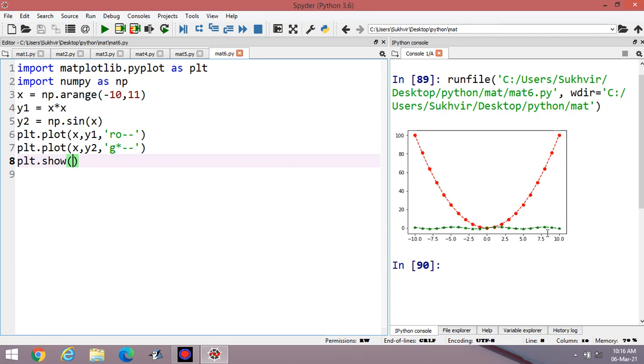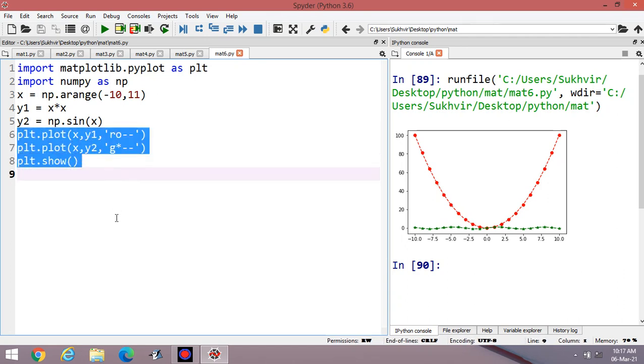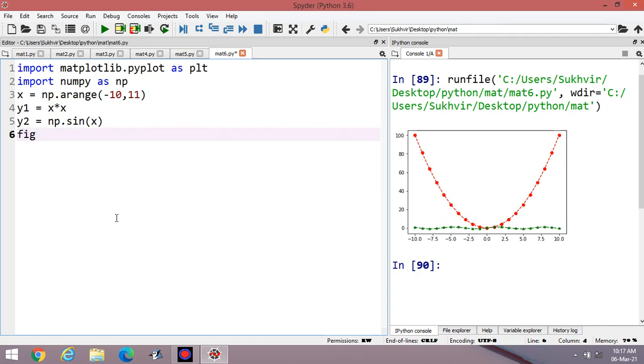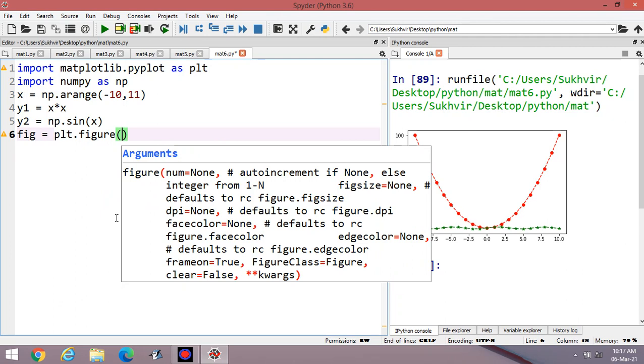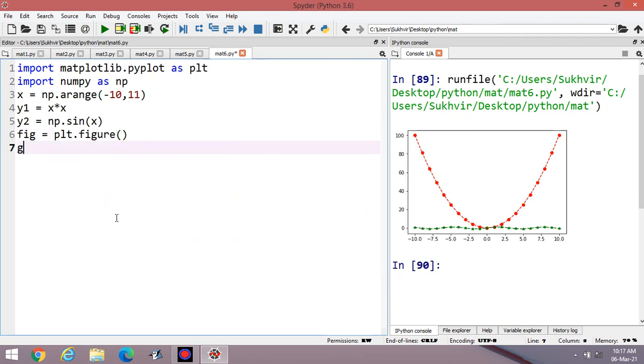Suppose I have to design this green colored graph at this location, or anywhere inside this particular graph. Then what to do? For that, we have to initialize figure is equal to plt.figure, then first graph.